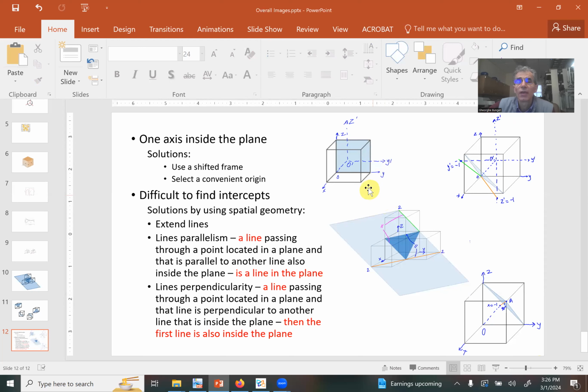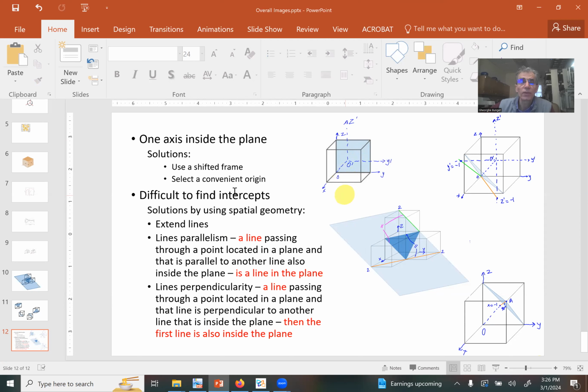In this case, no axis of the new frame is contained in this plane. By observation, I can easily say that the plane intercepts only the x-axis, and never intercepts the other two axes. So the Miller indices would be 1, 0, 0.